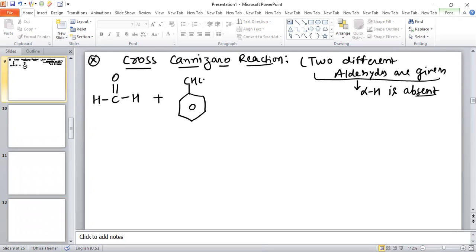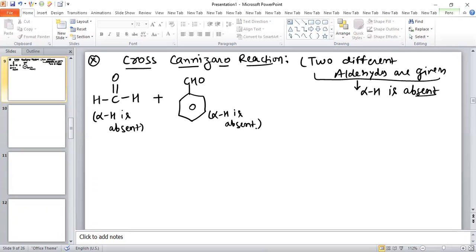So these two compounds are given. One is formaldehyde and one is benzaldehyde. In this compound alpha hydrogen is absent, and in this compound also alpha hydrogen is absent. So both have alpha hydrogen absent. Now see what happens.